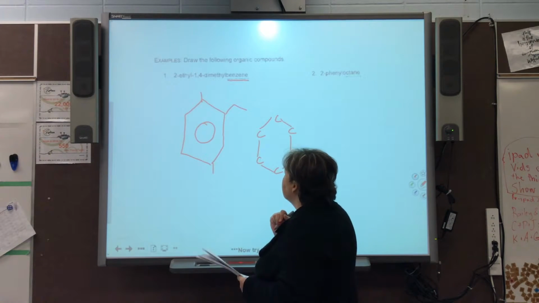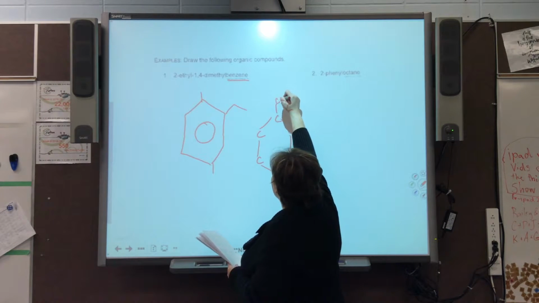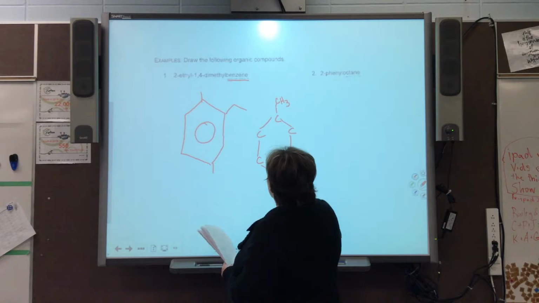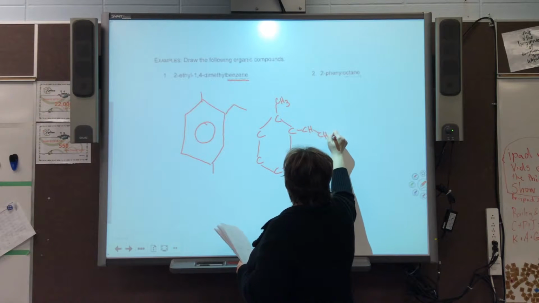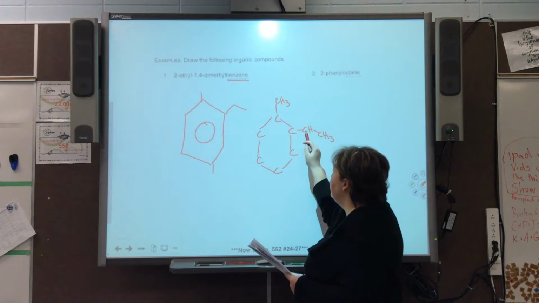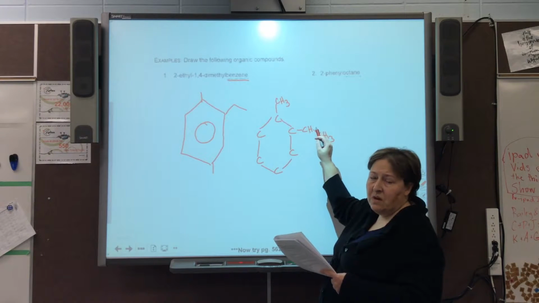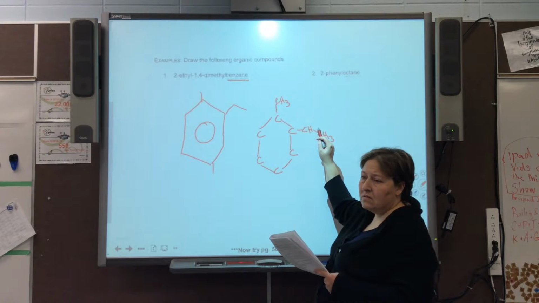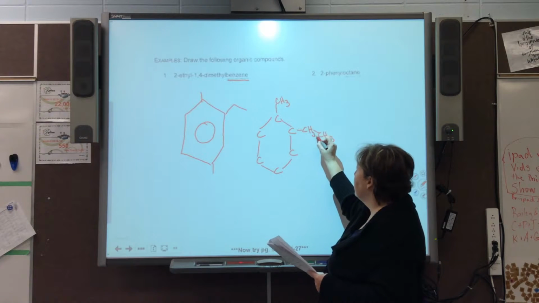your carbons. This one here has a carbon as a methyl group. This one here, how many hydrogens is this one going to have around it? Each one needs to have 4. 1, 2. It's going to have 2.